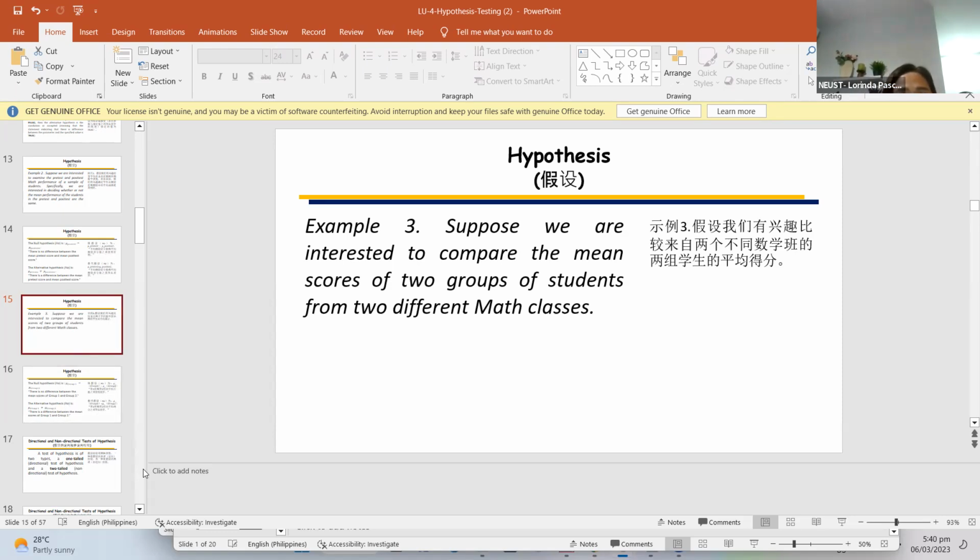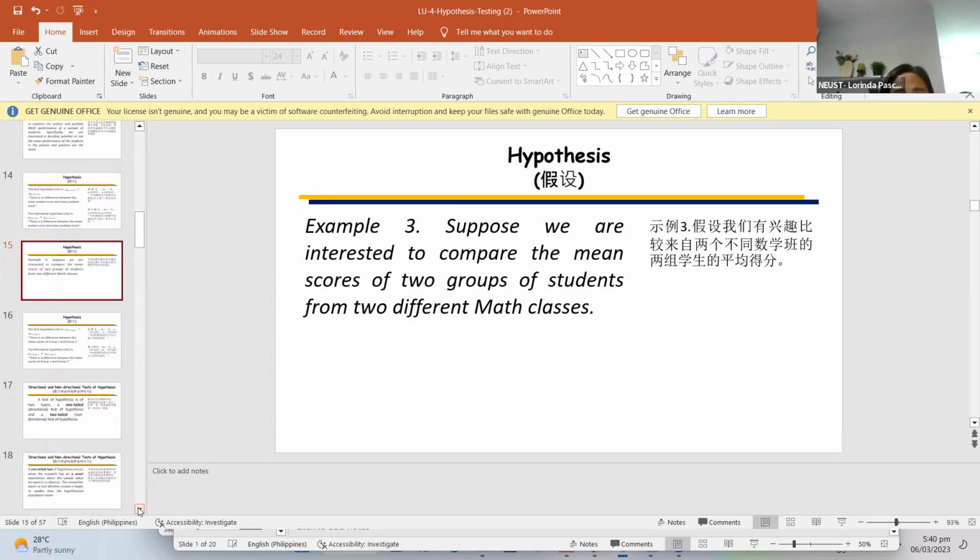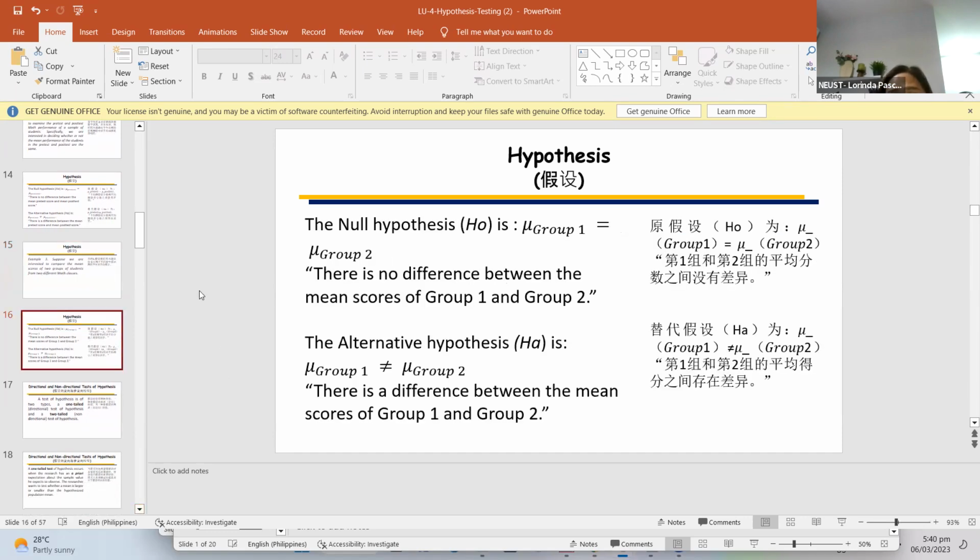So, let us see how we can state the null and the alternative hypothesis for this example. So, ito siya. The null hypothesis H0 is the mean score of group 1 is equal to the mean score of group 2. So kung equal silang dalawa, ano ibig sabihin? No difference. So the null hypothesis can be stated as there is no difference between the mean scores of group 1 and group 2.